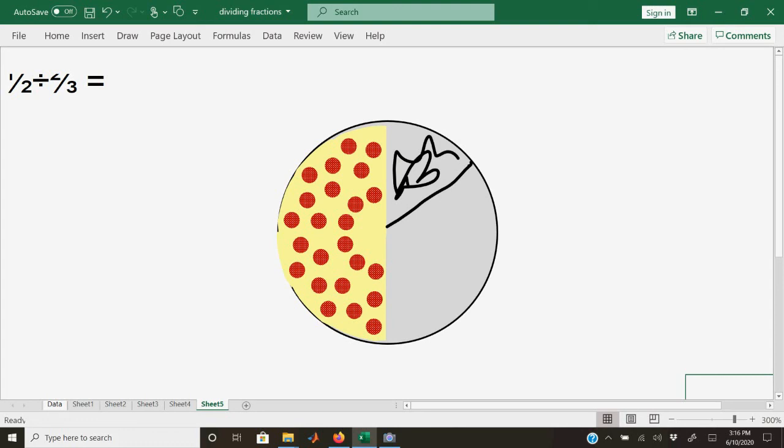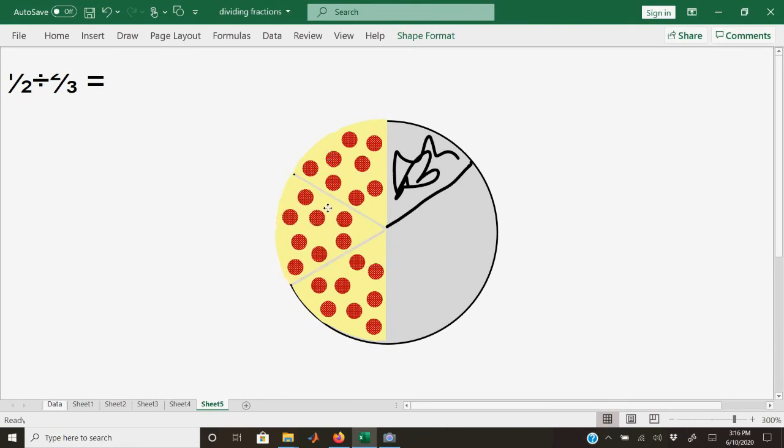So my answer is actually going to be a fraction. It's going to be less than 1. And actually I can see that I'm kind of missing a sixth. So I want to separate my half into sixths.